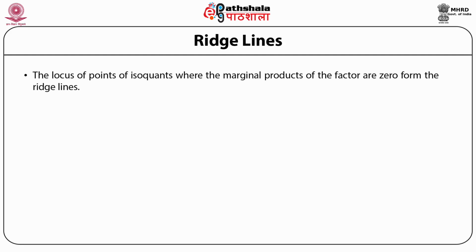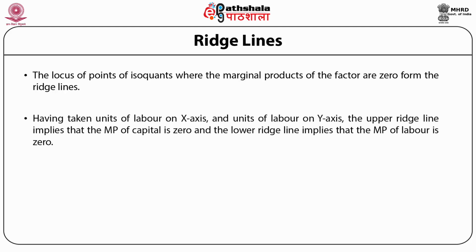Ridgelines are the locus of points on isoquants where the marginal product of a factor is 0. Taking units of labor on the x-axis and units of capital on the y-axis, the upper ridge line implies that the MP of capital is 0, and the lower ridge line implies that the MP of labor is 0.